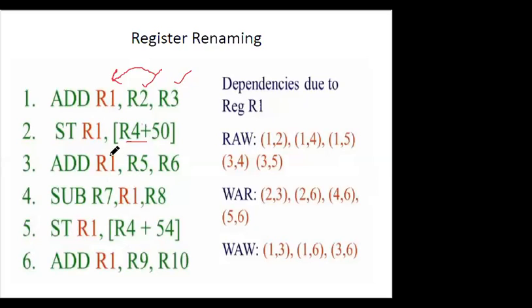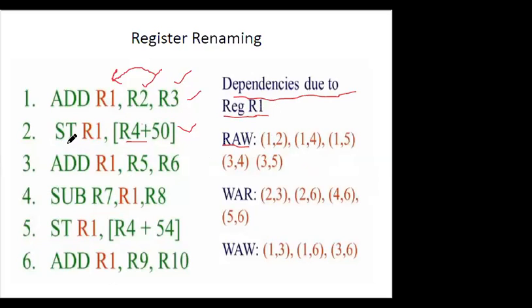As we can see, R1 in this whole program has certain dependencies on the previous instructions. So there are many dependencies of R1. And what are the types of those dependencies? As we can see, the dependencies due to register R1 in this case are read after write dependencies. Between instruction 1 and instruction 2, we have a read after write dependency.